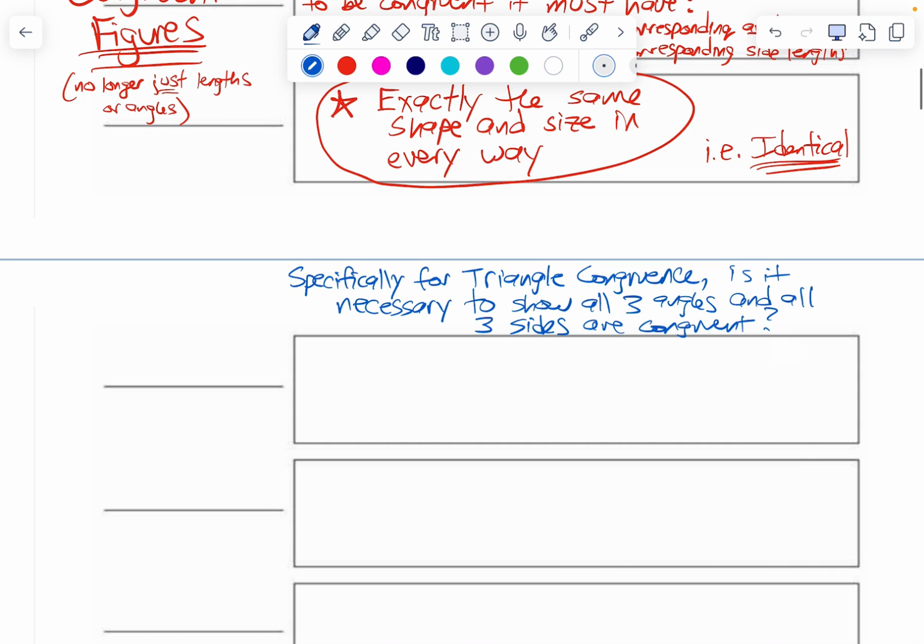What do you guys think? That's 6 measurements, right? Is it necessary to prove that all of those are congruent in order to know that the triangles are congruent?